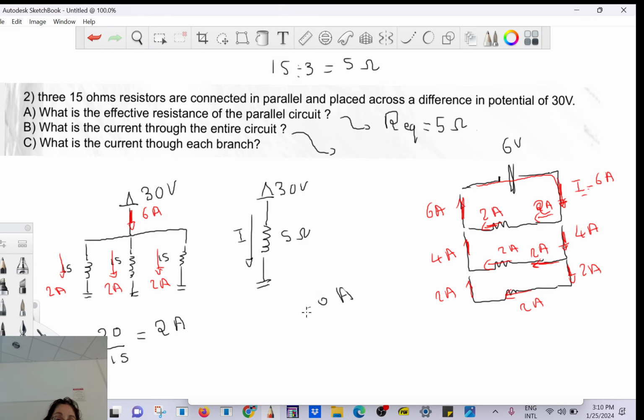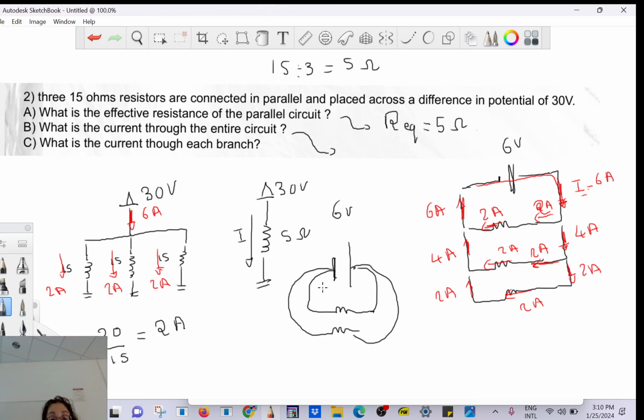It depends on the connection, because if I connect straight to the power supply, so if I do something like this, if I have a 6 volt, and all of them now are connecting here, I can do that as well. In that case, that's going to be 2 and 2 and 2, and from here you're going to join 6.